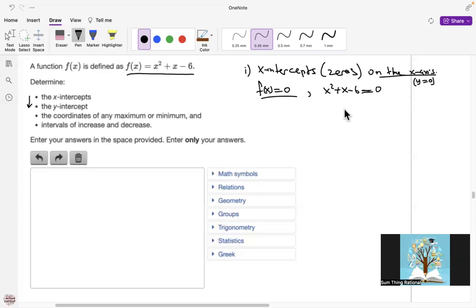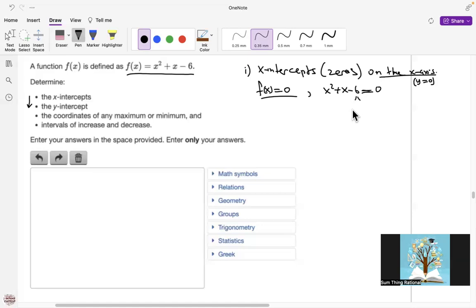There are several ways of solving quadratic equations: factoring, the quadratic formula, or completing the square. But in this case, factoring will be easier. Why? Because we are looking for two numbers whose multiplication is -6 and whose addition is +1.